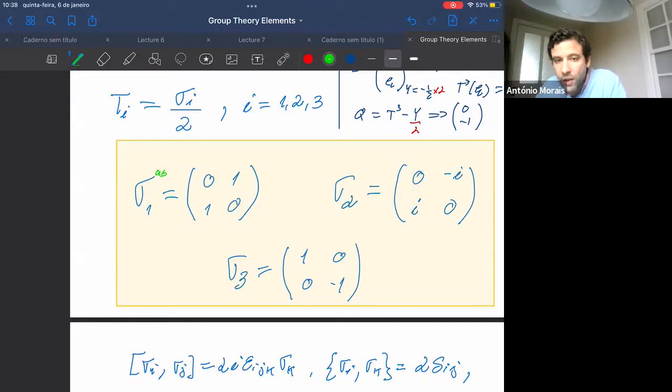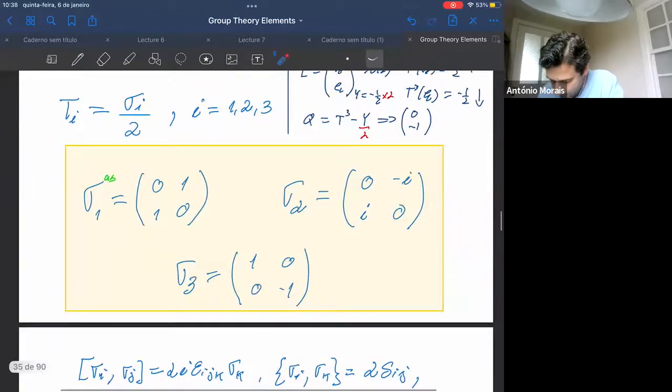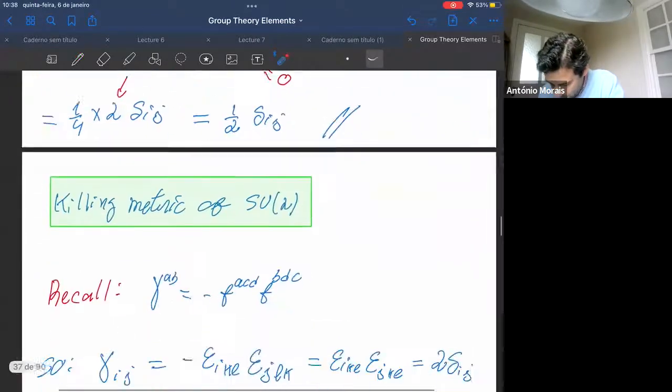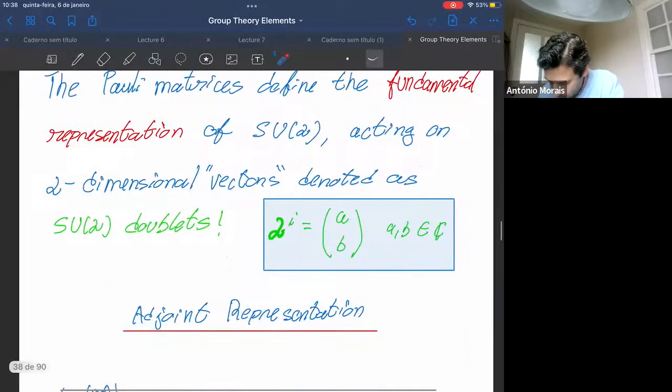So basically they are fundamental indices, or doublet indices, let's say. Let's not say fundamental just for now. They are doublet indices here, so doublet because they only go from 1 to 2. And this is the dimension of a doublet. It has 2 dimensions, 1 and 2 here.